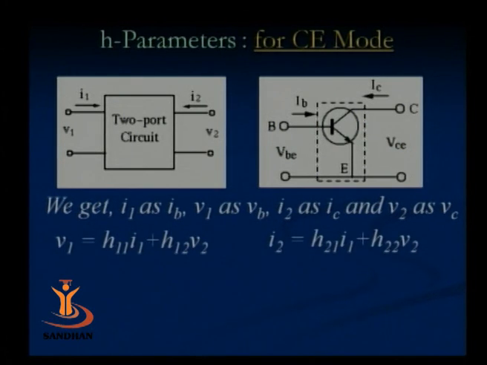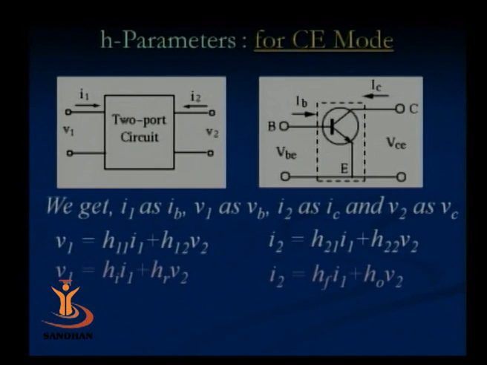Now we can rewrite our earlier equations using these notations for a CE mode transistor: V1 equals HI (H11) I1 plus HR V2, and likewise I2 equals HF I1 plus HO V2.